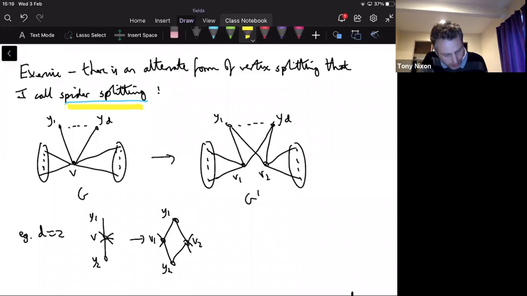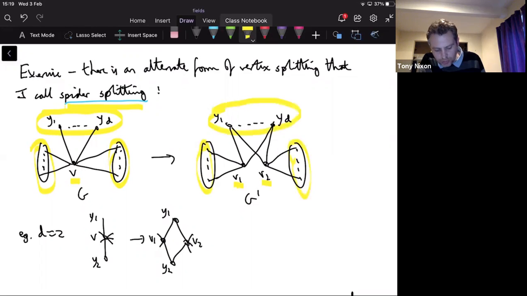So here, again, you have your partition N1 and N2 of the vertex that you want to split. This time you have D vertices over here instead of D minus 1. And when I split into V1 and V2, some of the neighbors of V go to V1, some go to V2. All of the special ones, Y1 up to YD, become adjacent to both V1 and V2, but there's no edge between V1 and V2.